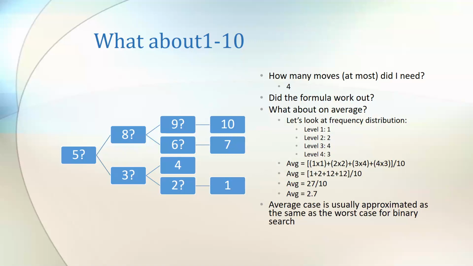In those kinds of cases, people will start to approximate and say, well, the worst case is obviously the bottom of the tree. Makes sense. But the average is not so far from the bottom anyway, right? So in practice, the average case for binary trees is approximately the same as the worst case. Okay?